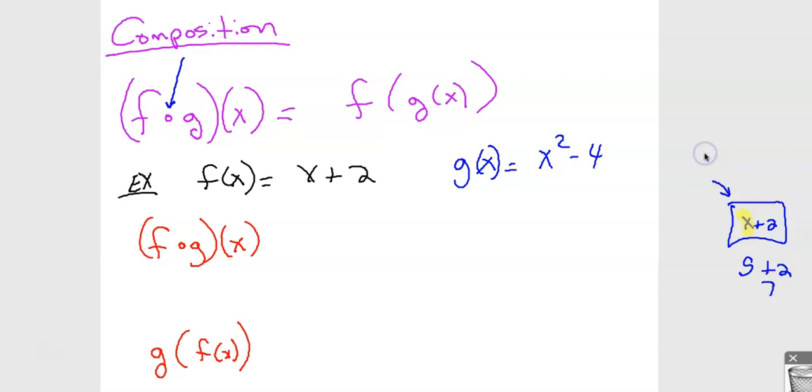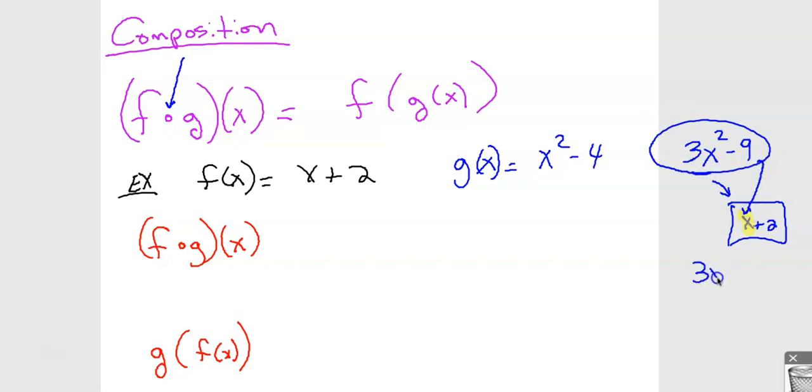What if I'm plugging in, let's say, 3x squared minus 9? Again, I just replaced the x. See, I'm putting a function inside of another function. So I'm going to take this entire thing and replace it where the x is. So 3x squared minus 9, and then I still have the plus 2. And then, of course, you can simplify it. So this would be the entire thing.